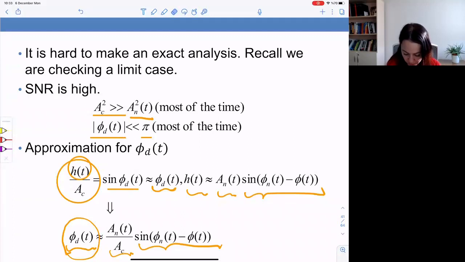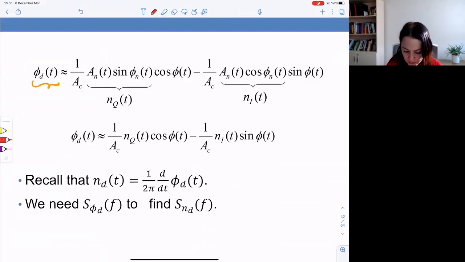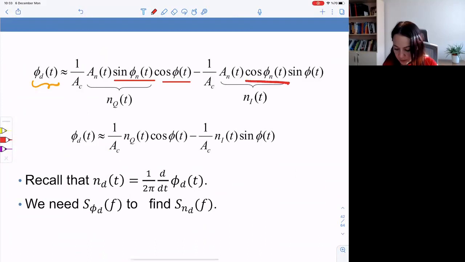I'm going to expand this sine of the difference as sine phi n times cosine phi, minus cosine phi n sine phi. And An of t and AC are as before.